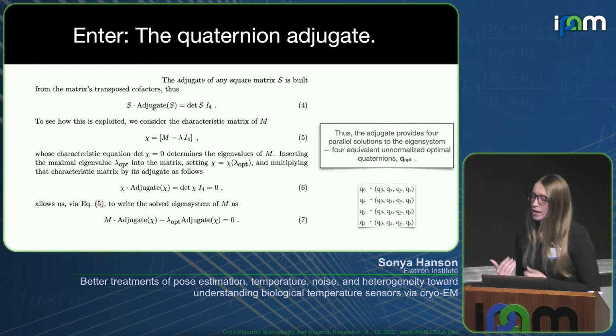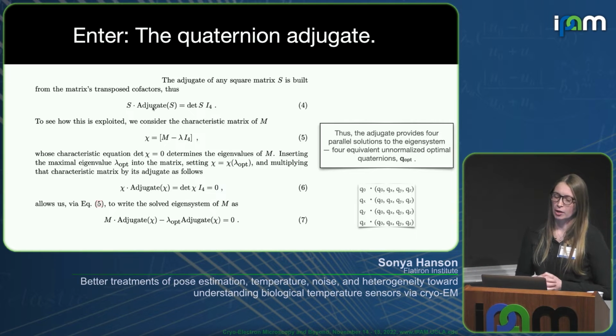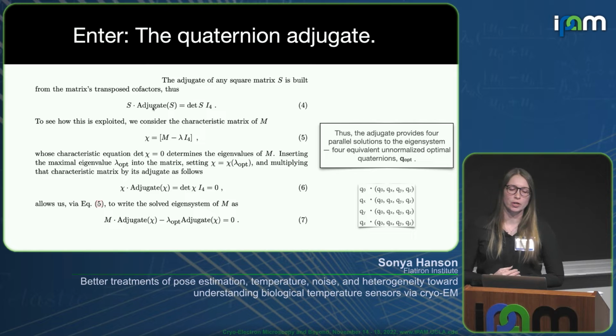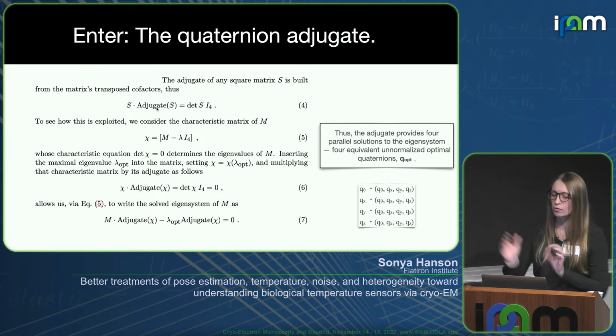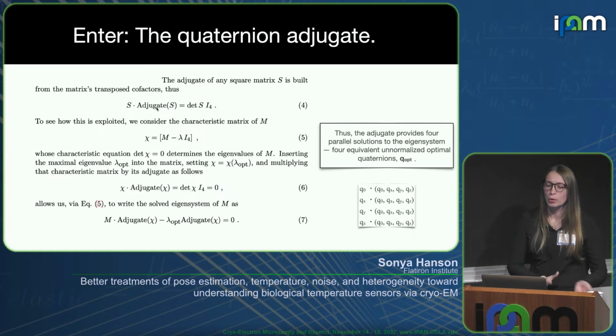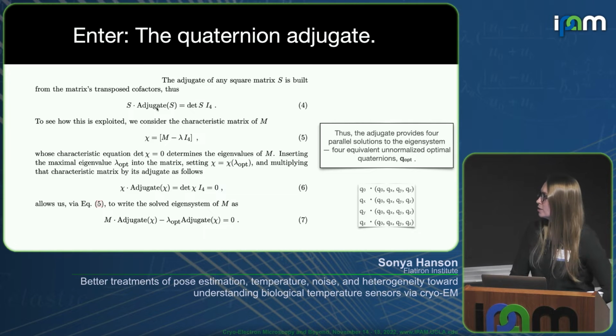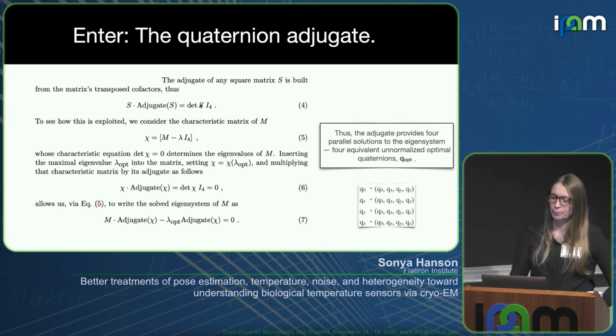So far, not a lot of the people I've talked to about this project know what the adjugate matrix is. Your adjugate of a matrix is composed of that matrix's transposed cofactors, and it's defined by this equation here.